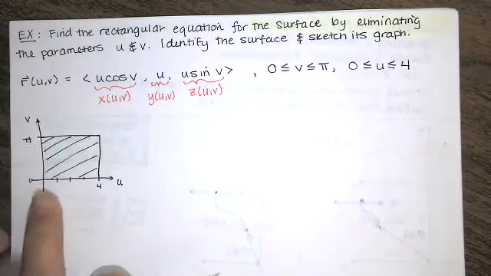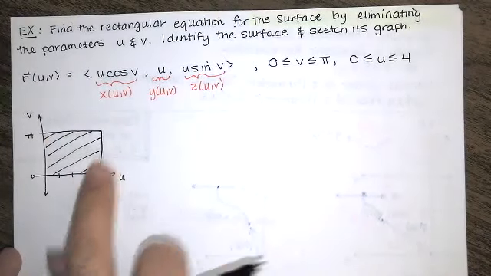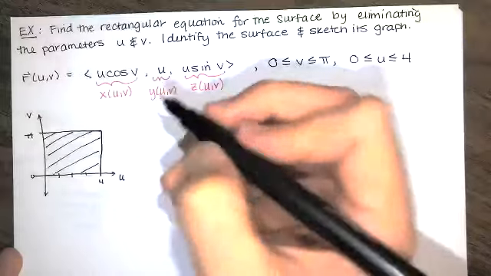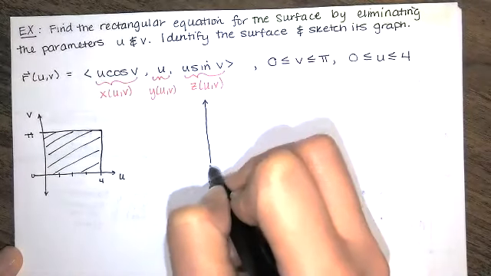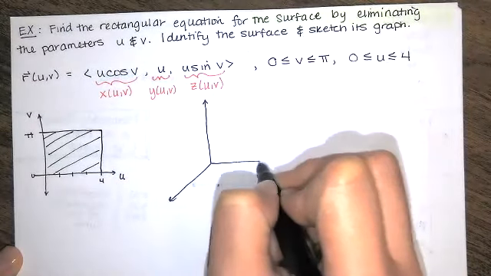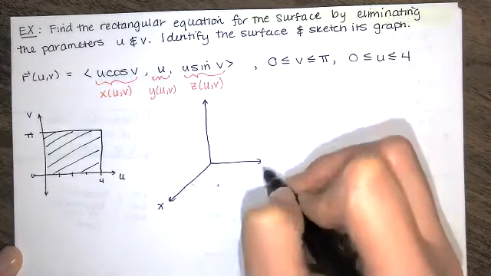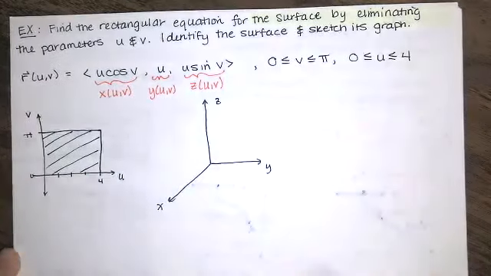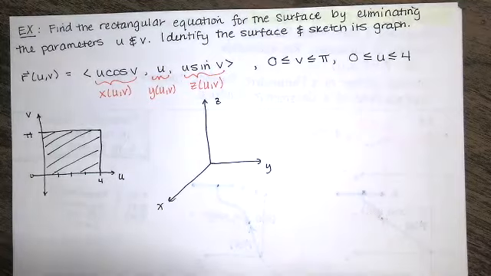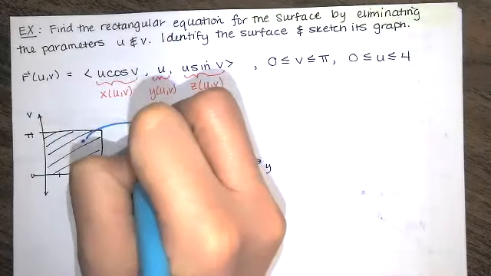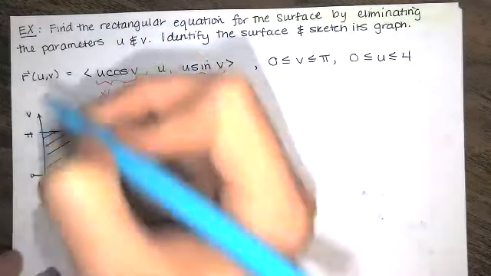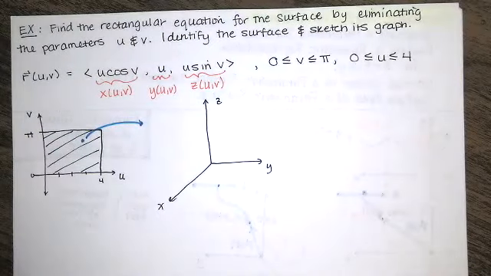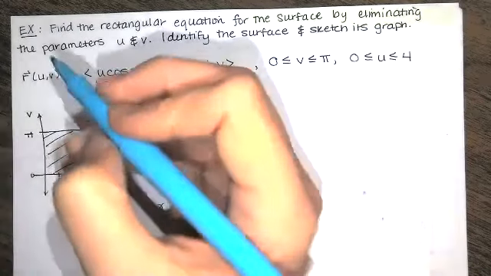Now every point u and v in this little rectangle is going to correspond to a point on a surface in three-dimensional space. So every uv over here maps to a point over there. R of u and v does that.